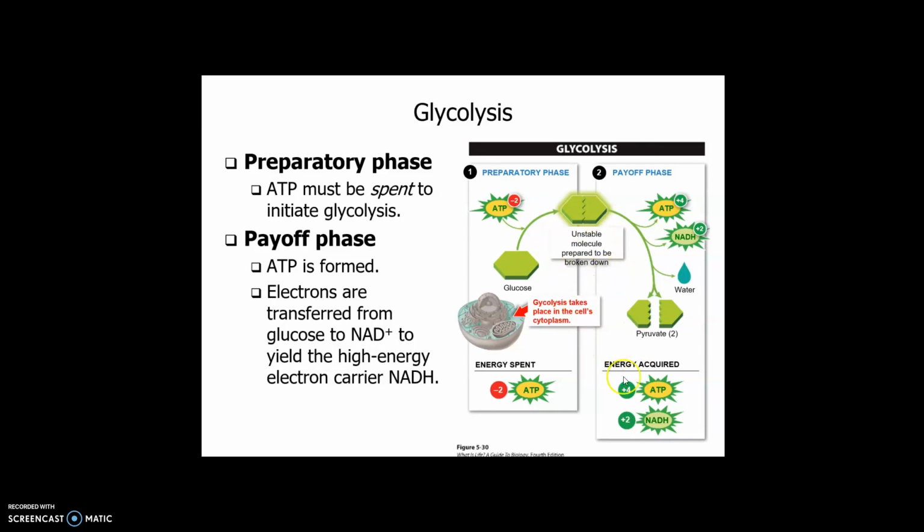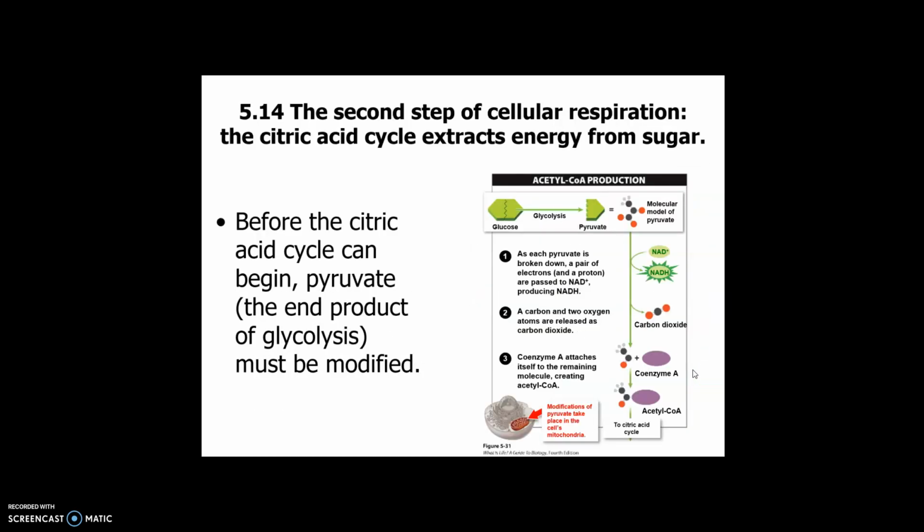If you understand that, you should be able to answer the questions based on that. But that's how the process of cellular respiration begins. And then the products of that glycolysis go into the second step, which is the citric acid cycle, which is also known as the Krebs cycle.